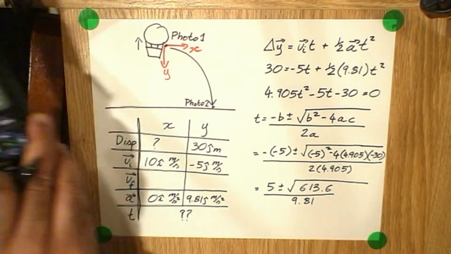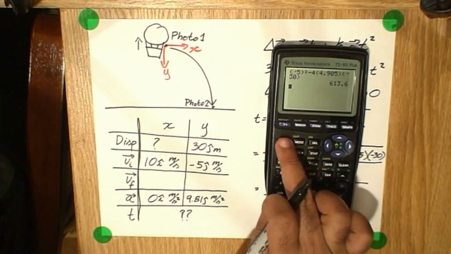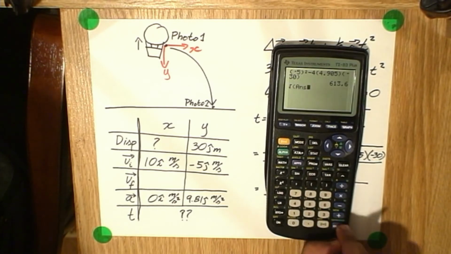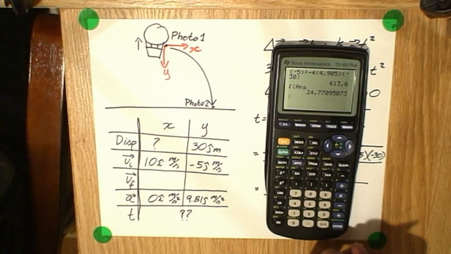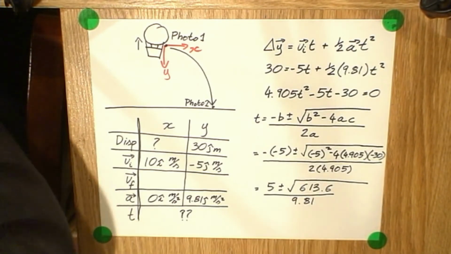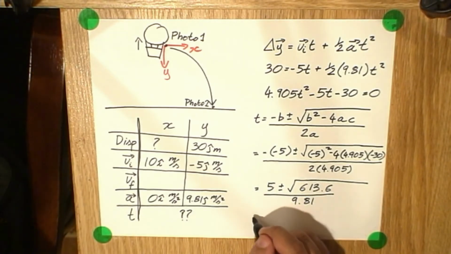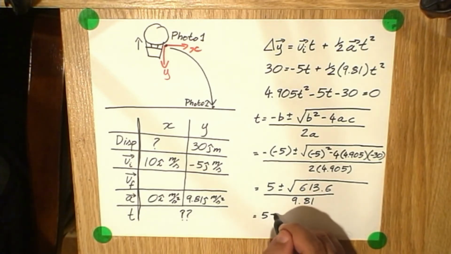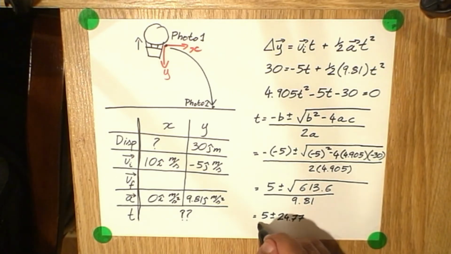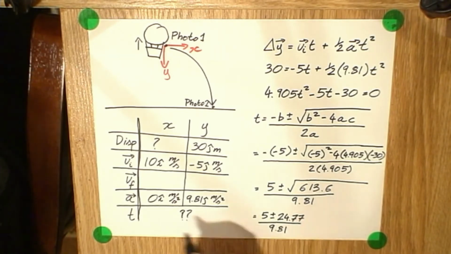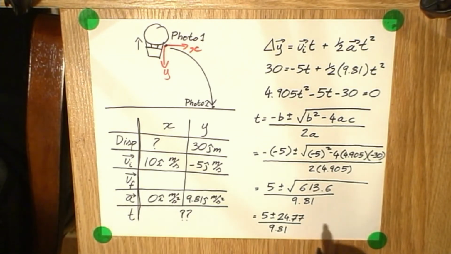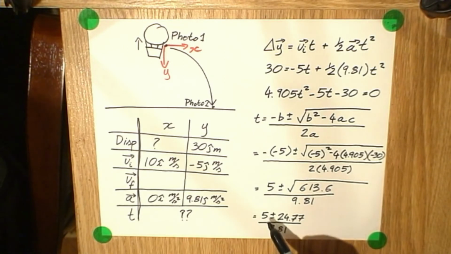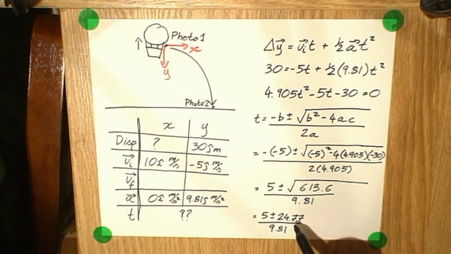We need to take the square root of 613.6, which is 24.77. Now, this being time has to be positive. So I'm not going to bother with 5 minus 24.77. That's going to give me a negative answer.